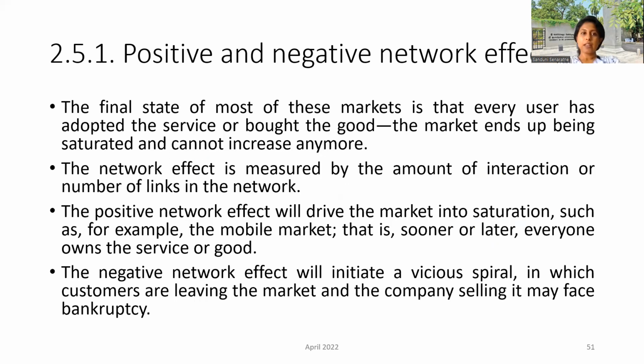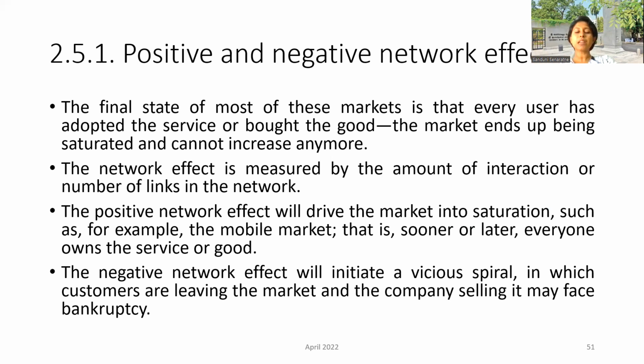All right. Then if we continue the discussion on positive and negative network effects, the final state of most of these markets is that every user has adopted the service or bought the good. Now, in this kind of markets where we experience network effects and positive feedback, the ultimate state that it aims to achieve under optimal conditions, right?